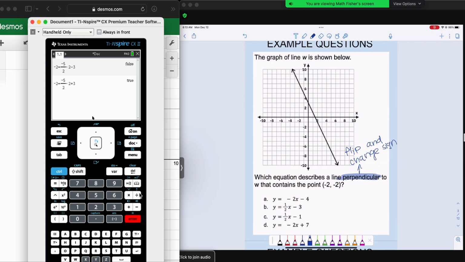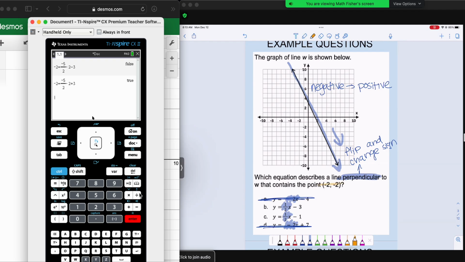I know that my line is going down, so that is a negative slope. If I need to change my slope, it goes from a negative to a positive. So let's check our answers and see which slopes are positive. I'm going to eliminate A and D because they are not positive.